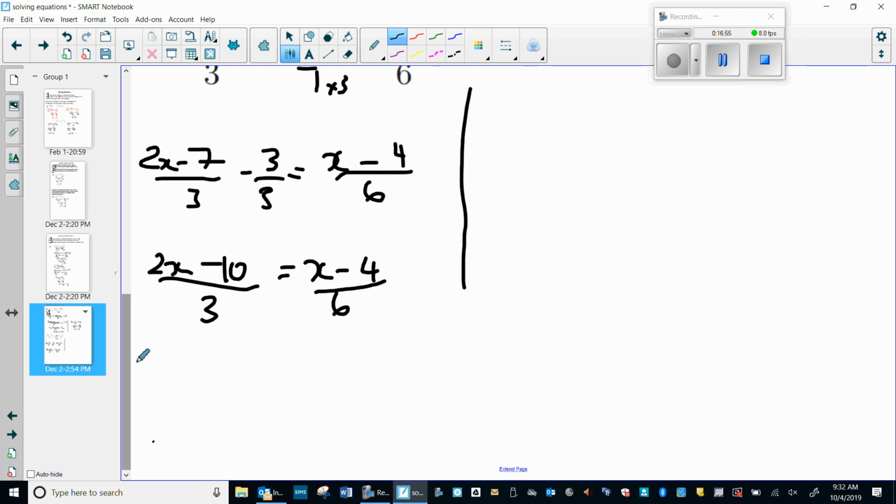Okay, then what would you do? Then you would write 2x minus 10 over 3 is equal to x minus 4 over 6. Yeah, so because you've got fraction equals fraction, then what would I write? Then you would write 6 in brackets 2x minus 10 equals 3 in brackets x minus 4.